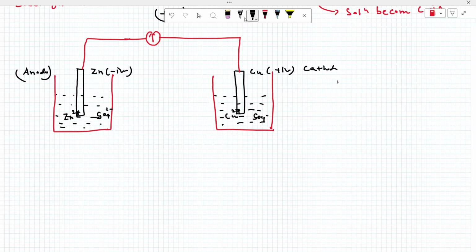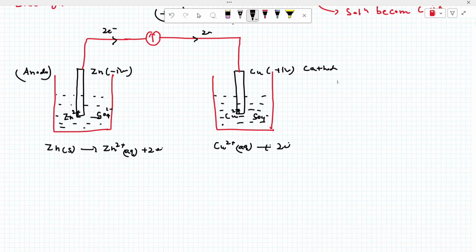Listen. Now this solid Zn becomes Zn2+ aqueous plus 2 electrons. These 2 electrons are carried by the copper electrode. The copper 2+ ion, aqueous, gains 2 electrons to become solid copper.